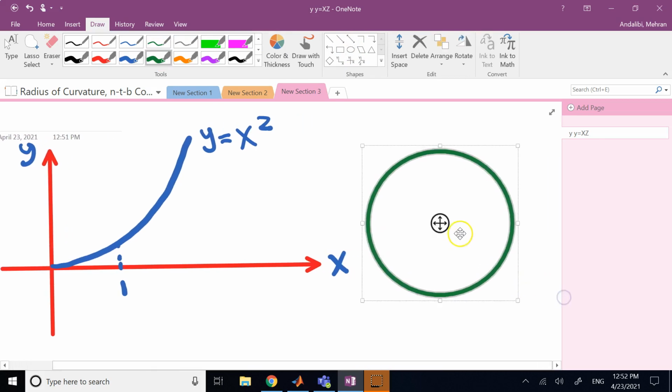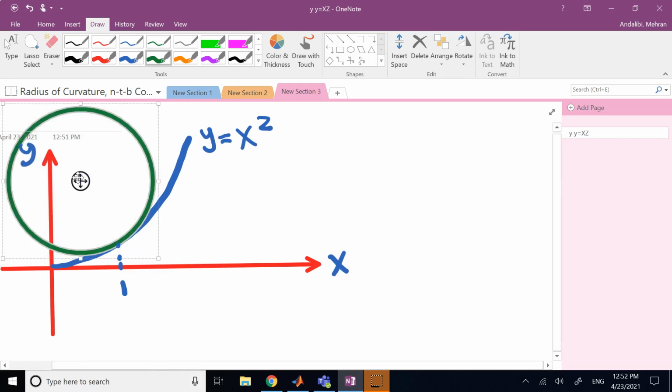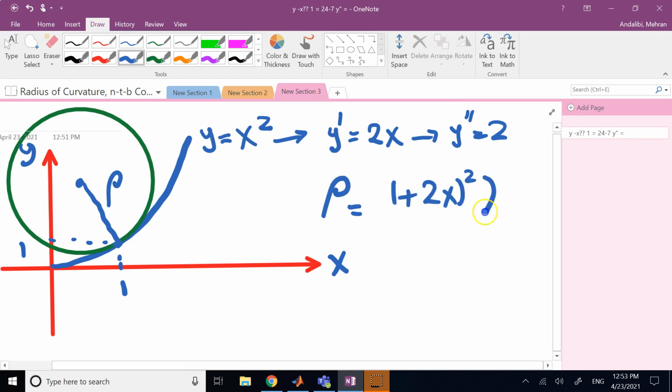So here, let's say this is my tangent circle at that point, right? And then, of course, the value here, x of 1 is y of 1. And if you want rho here, it's not a big deal to show that because y prime, or dy over dx, is 2x and y double prime is 2. So rho is going to be 1 plus 2x squared, the whole thing to the 3 over 2.